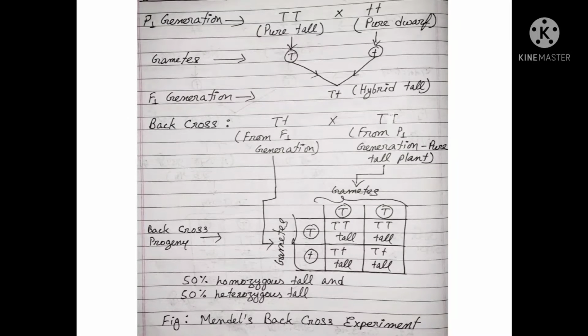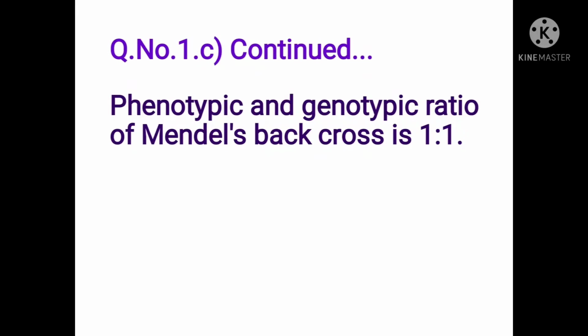This figure shows Mendel's backcross experiment in pea plant. And phenotypic and genotypic ratio of Mendel's backcross experiment is 1:1.